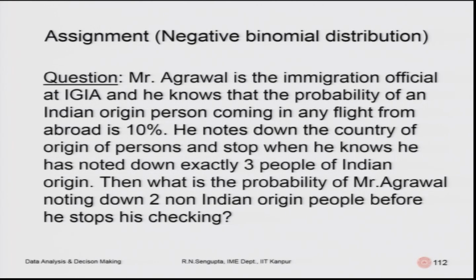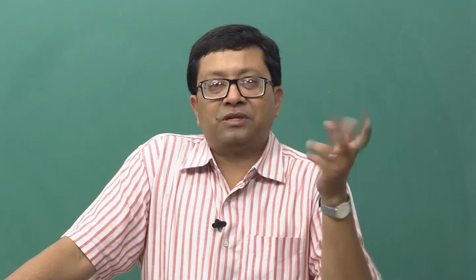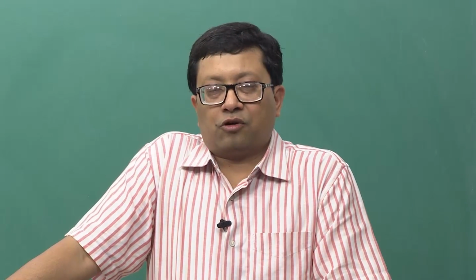So, exactly 3 of Indian origin means 2 Indian and 2 non-Indian, because 2 plus 2 has already completed 4, and then the 5th one he gets an Indian, he stops. So, these 2 and 2 combinations can be done in that way, that means 2 places as Indian, 2 places as non-Indians, and you find out the corresponding combinations.